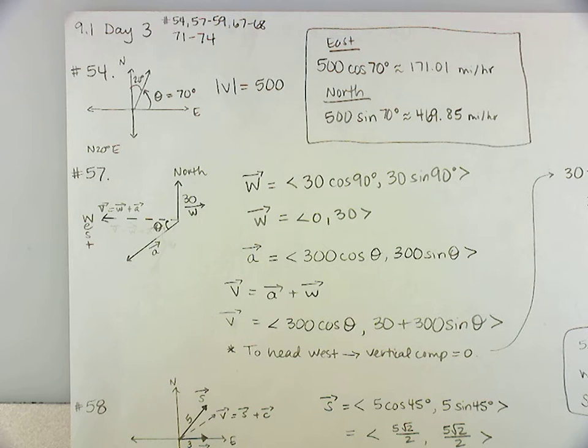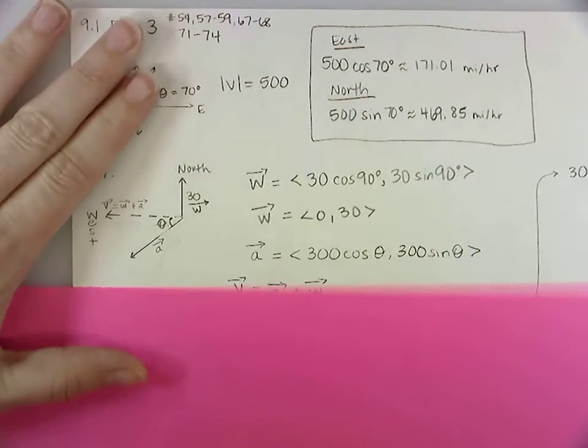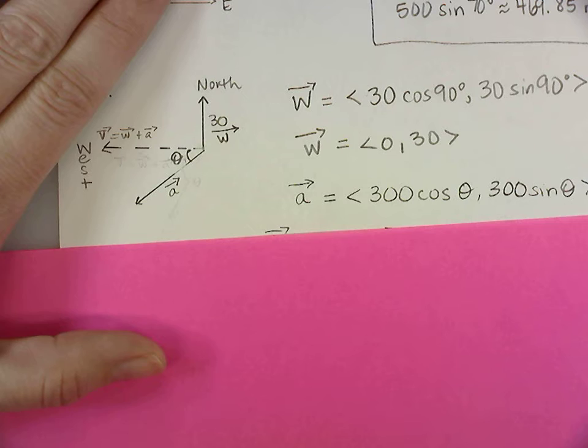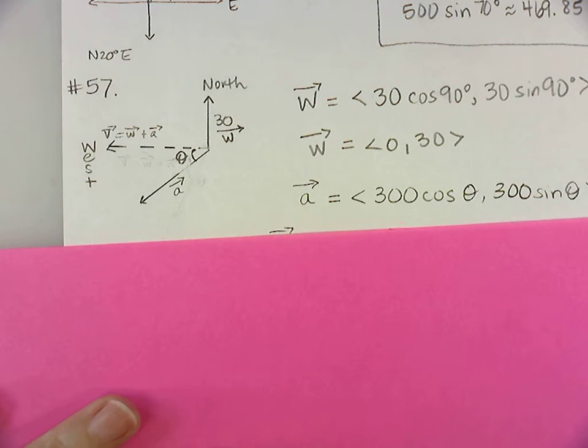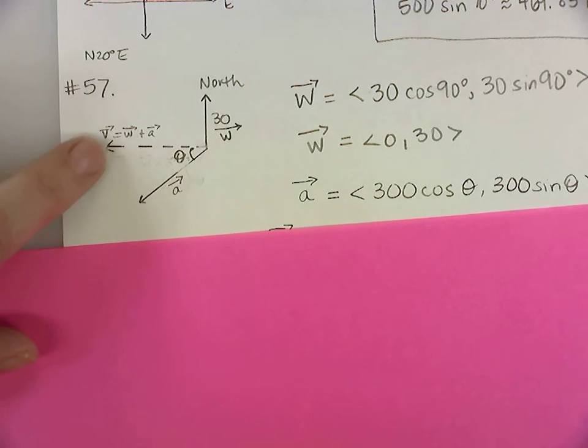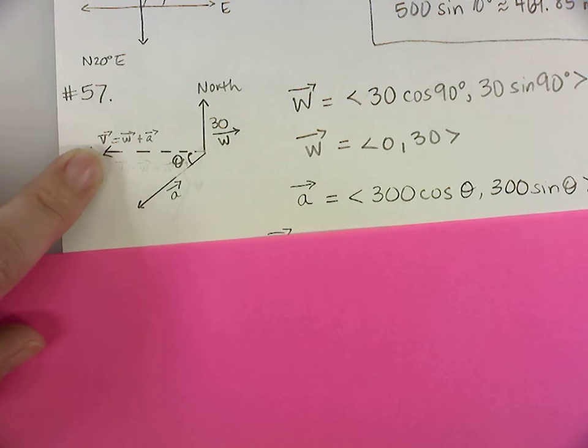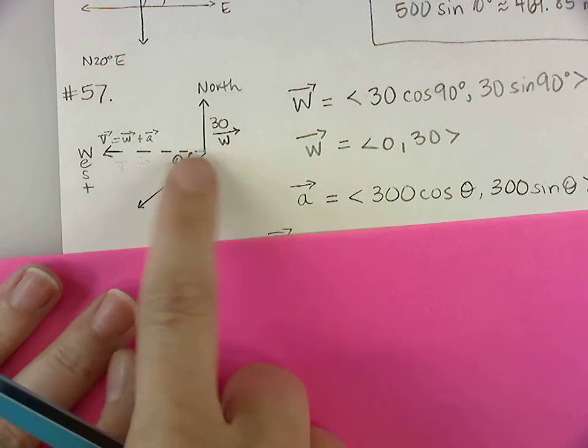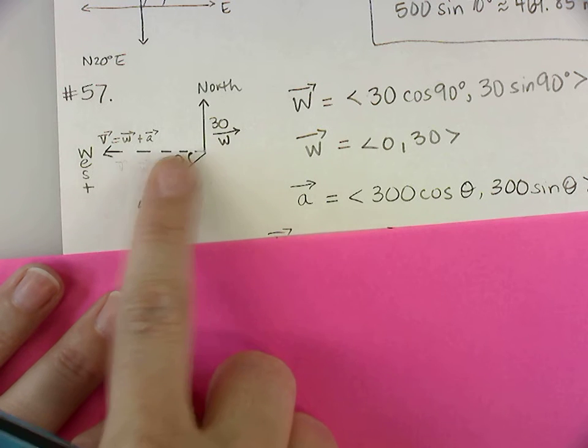So for 57, you had a wind that was going north at a speed of 30 miles an hour, and then you want to head in the direction west, okay? So if you want to head in the direction west, what I do is I make west my result vector.